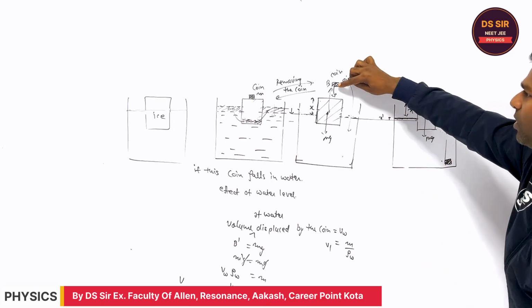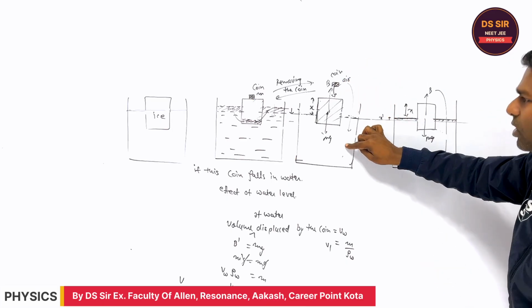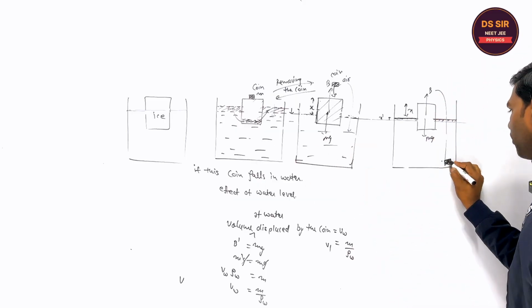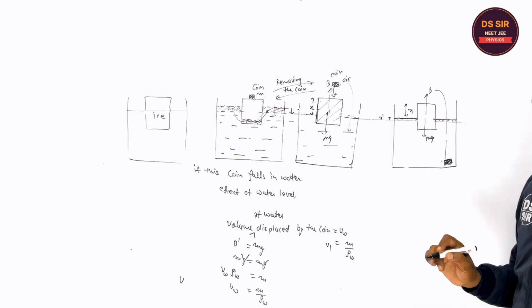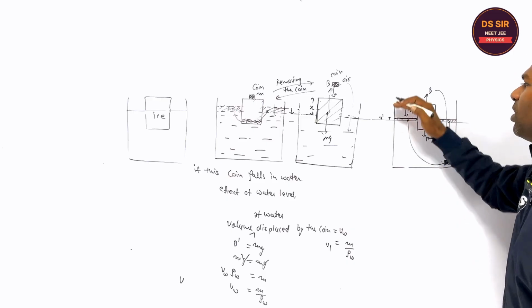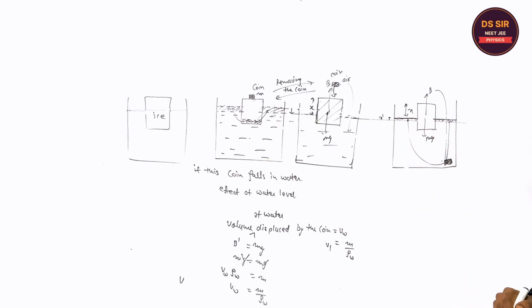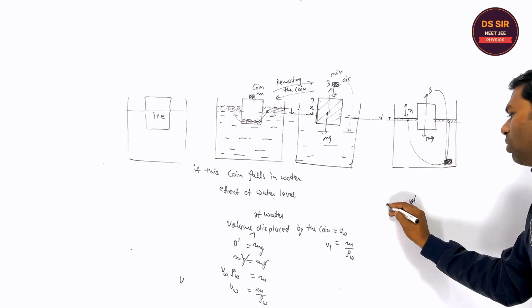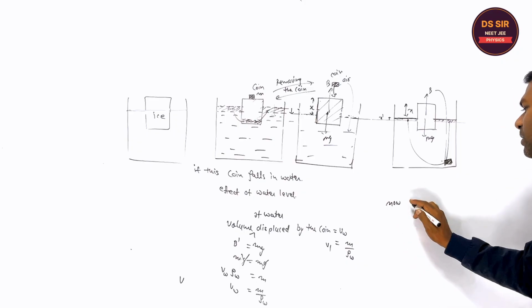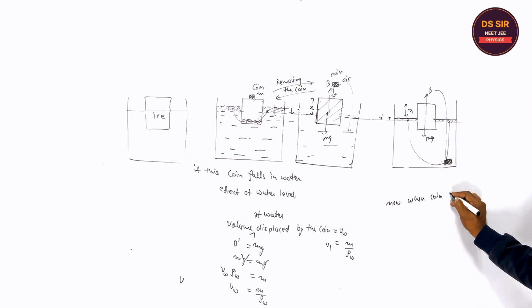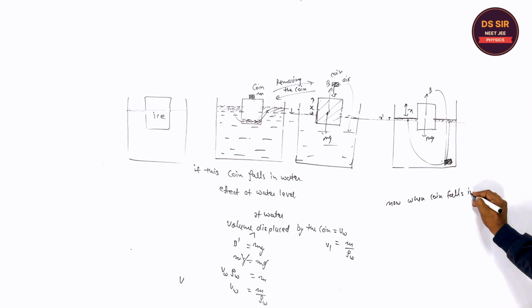Only this happens when you drop the coin in this water: the coin displaces a volume, and because of this displaced volume, the water level is increased. You understand? So what is the volume displaced now when the coin falls in the water?